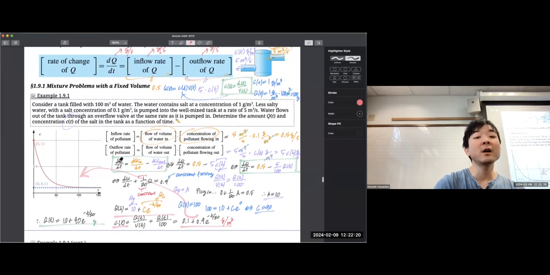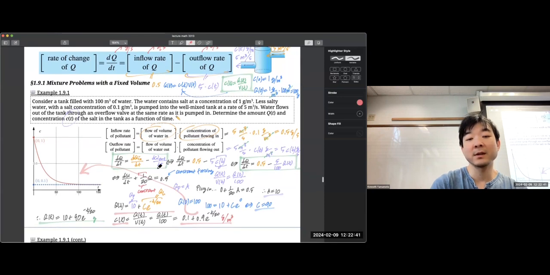The rate of change of some species, which could be salt or pollutant or dye or some chemical in the tank, will equal the rate coming in minus the rate going out, so you can't create or destroy matter. And so that's the physics, but then you have to interpret what each term is, like this orange term, the inflow rate and the outflow rate.